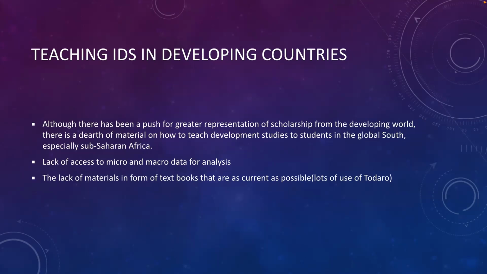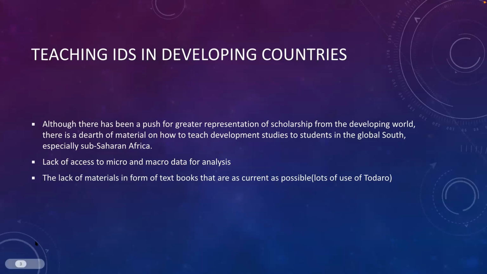What kind of books do you have? What kind of journal articles? Is there access to some of those top journals? So that kind of makes it hard for our students to really internalize the whole idea of international development studies. The material is missing, the links are missing.